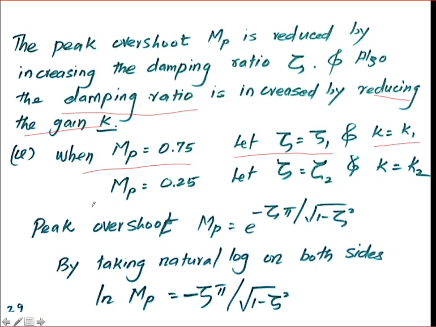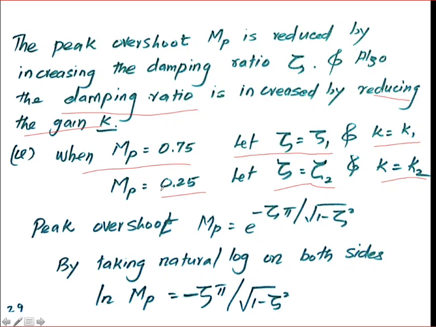Then it should be reduced from 75 percent to 25 percent. For this condition, we assume zeta is equal to zeta 2 and k is equal to k2. So these are the two important conditions given in the problem. Our main task is to reduce the percentage of peak overshoot from 75 percent to 25 percent.